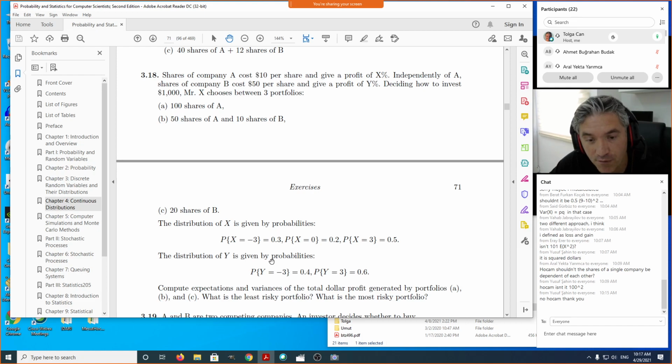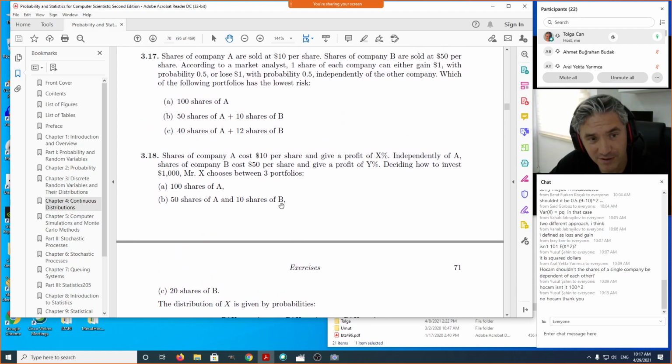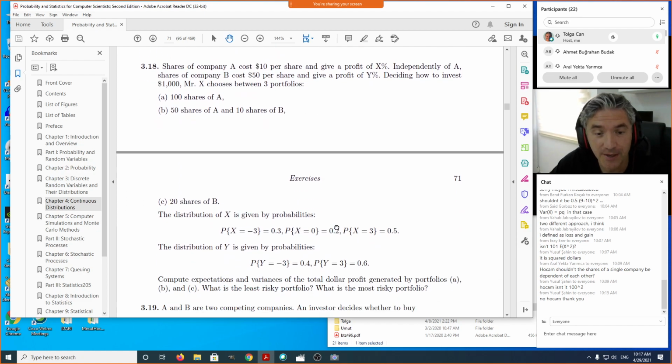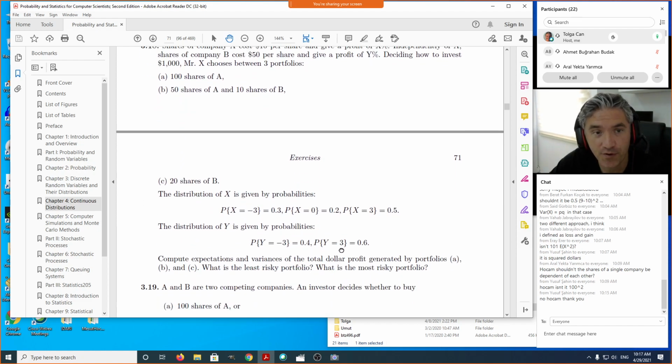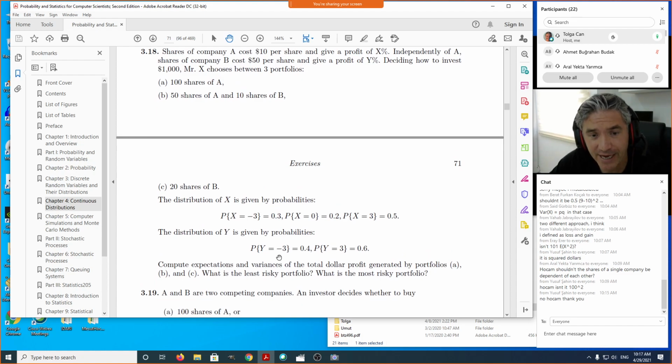And the distribution of Y, again the same thing. If we buy shares of B, we either lose or gain. We don't stay the same. Now we are going to do the exact same thing. So actually this 3.18 is solved very similarly to 3.8. We can again compute the expected value of these things.